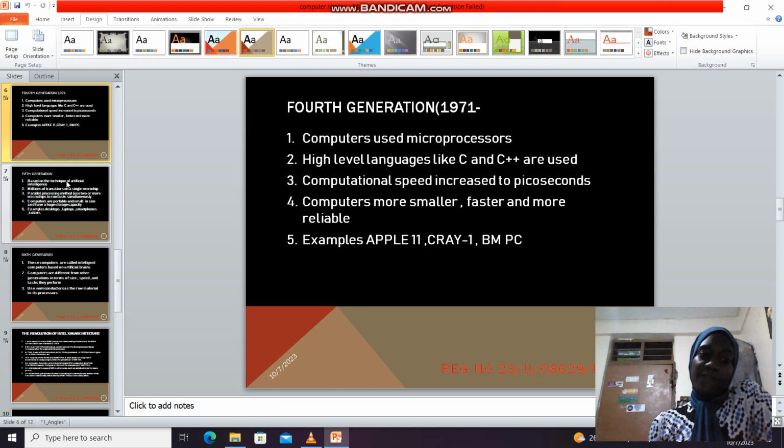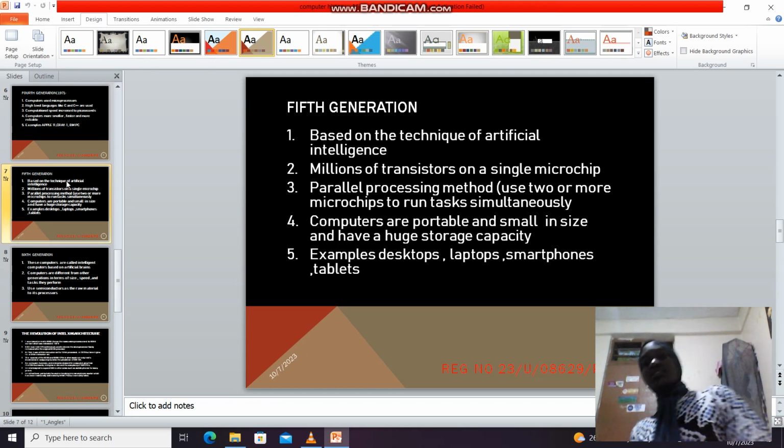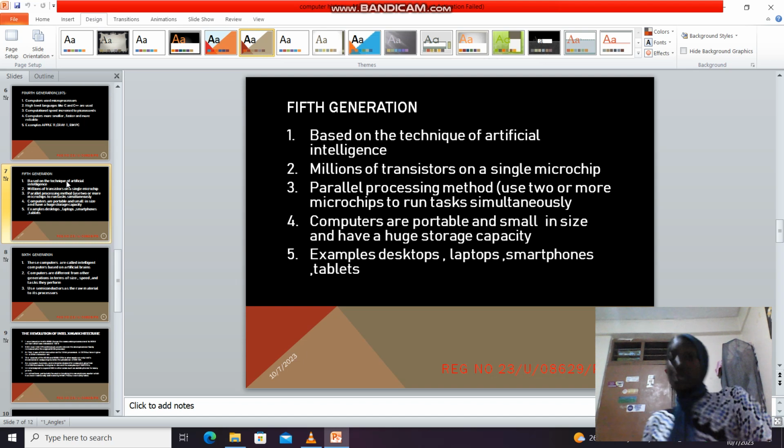Now, we can go to the fifth generation. Computers of this fifth generation are based on the technique of artificial intelligence. They have millions of transistors on a single microchip.